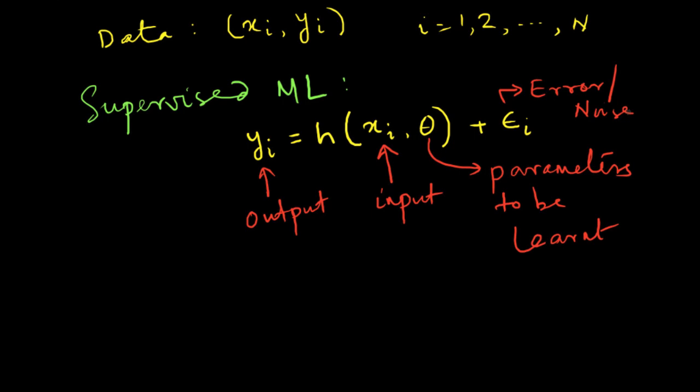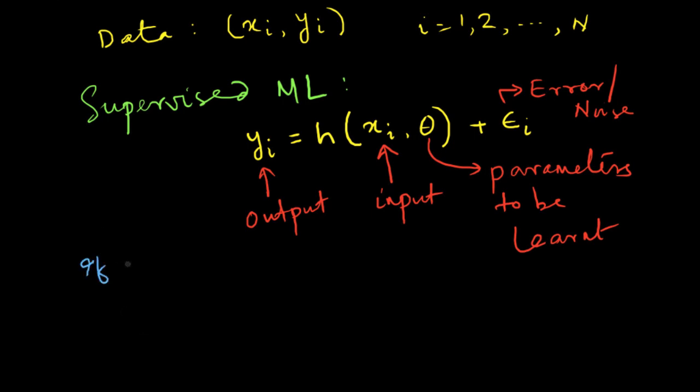Now what we saw in the video on maximum likelihood estimation is that if your epsilon i is Gaussian distributed, then one of the ways of estimating theta is given by this expression.